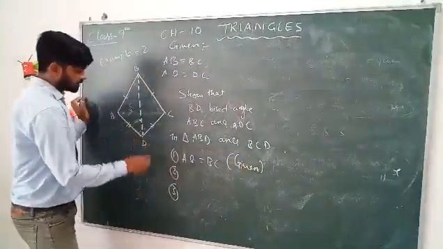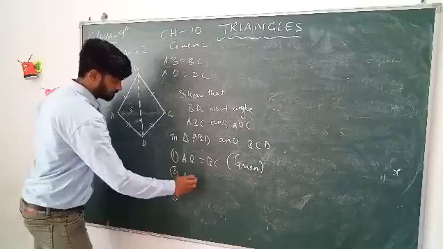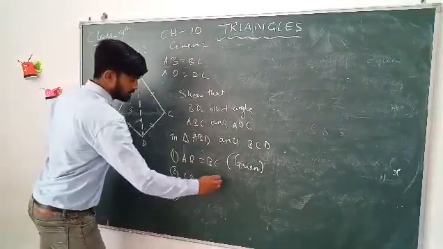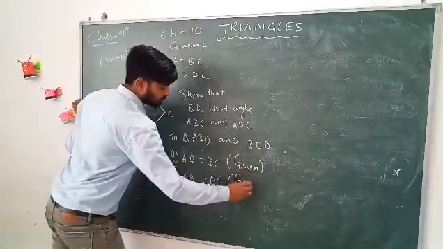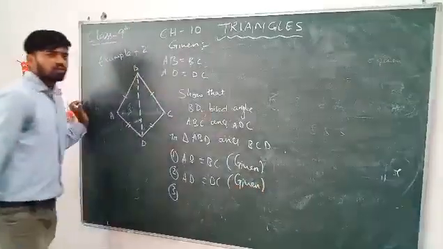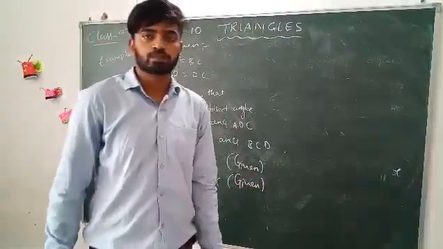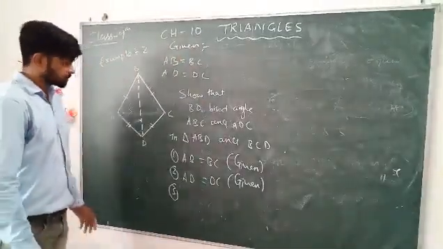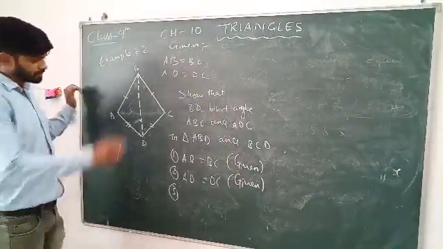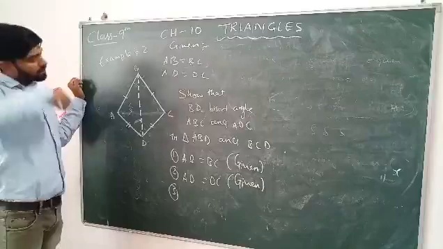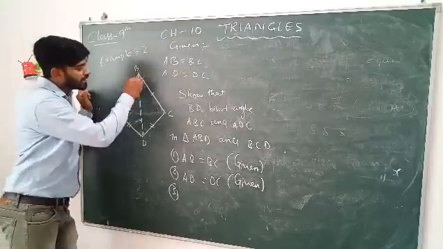Okay, the second proof is AD equals to DC. This is also given to me. What is the third proof? What do you guys think? What is the third proof? Think about it. So the third proof is this line.